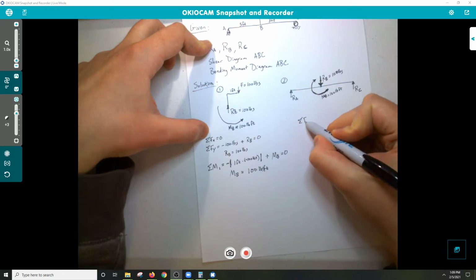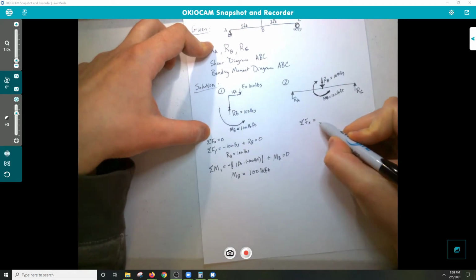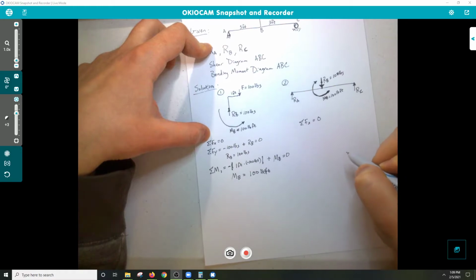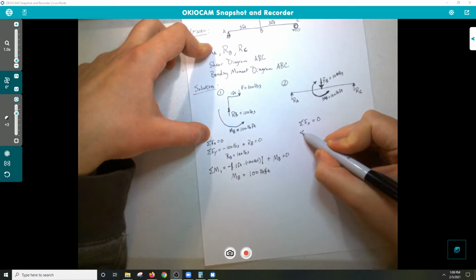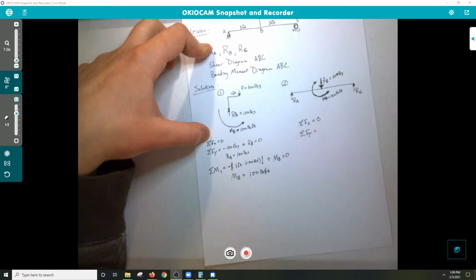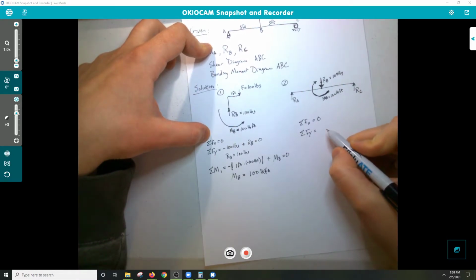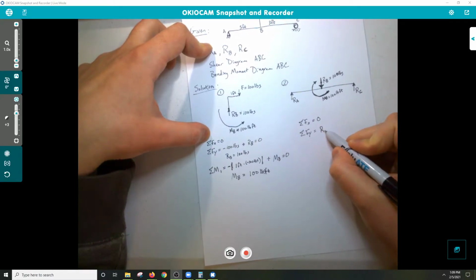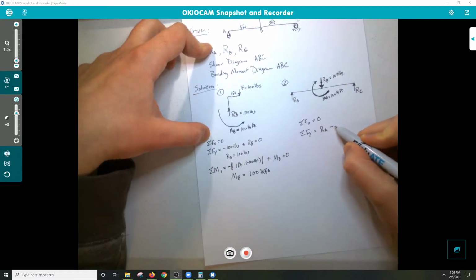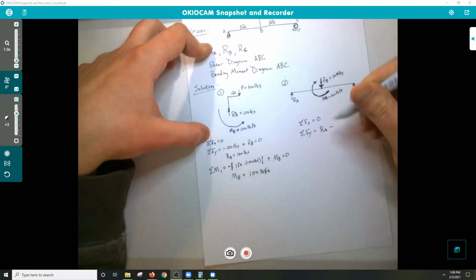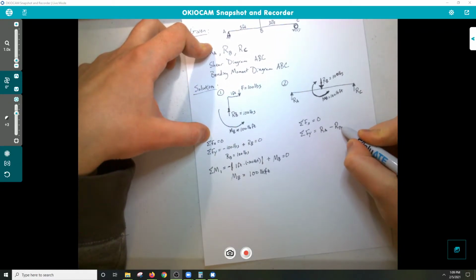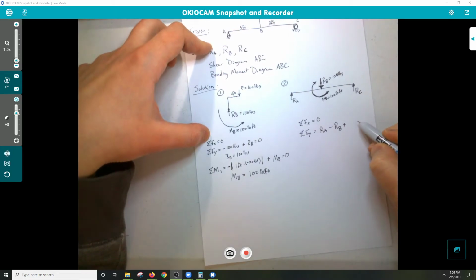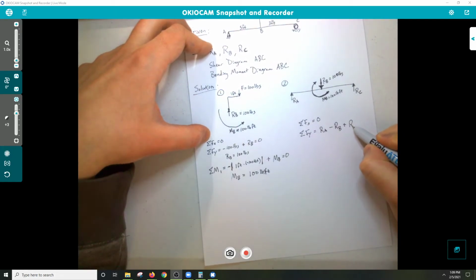So first thing I do, again, lay out my equilibrium equations, equal to 0. For X, no horizontal forces. For vertical forces, Y, I'm just going to go from left to right. So we have our reaction at A minus our reaction at B plus our reaction at C.